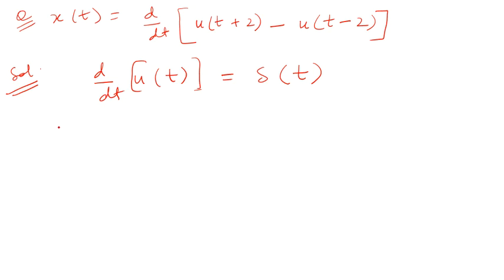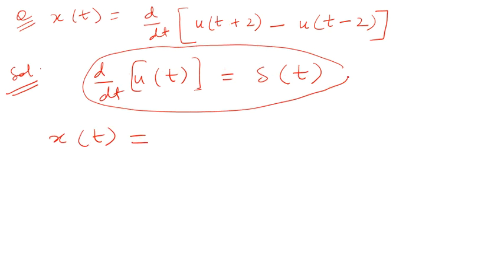The problem asks us to draw the waveform for this signal, d by dt of u(t plus 2) minus u(t minus 2). So first of all, let us just simplify this. Now you remember this relation, so you know that since d by dt of u(t) is delta(t), d by dt of u(t plus 2) will be nothing but a shifted impulse.